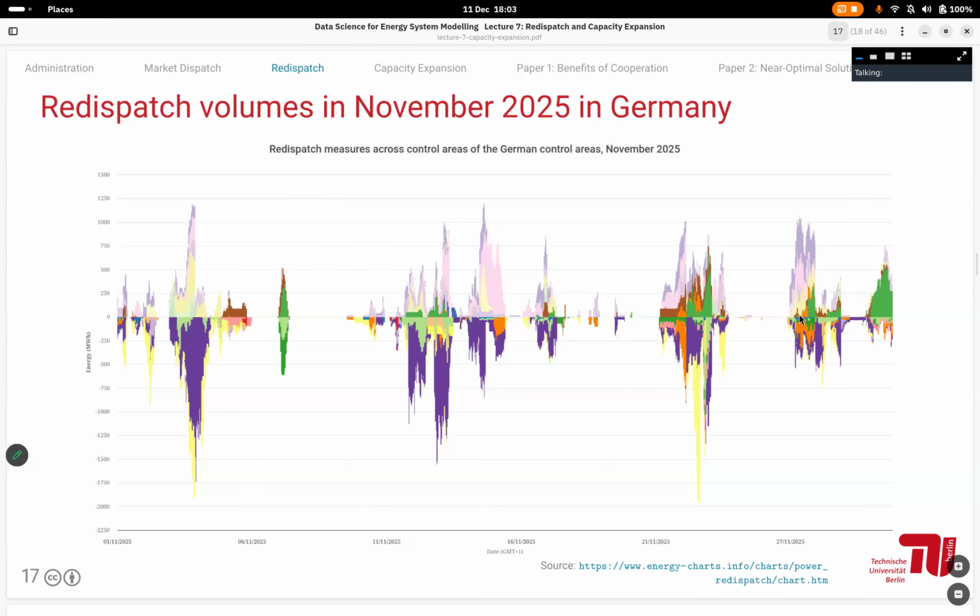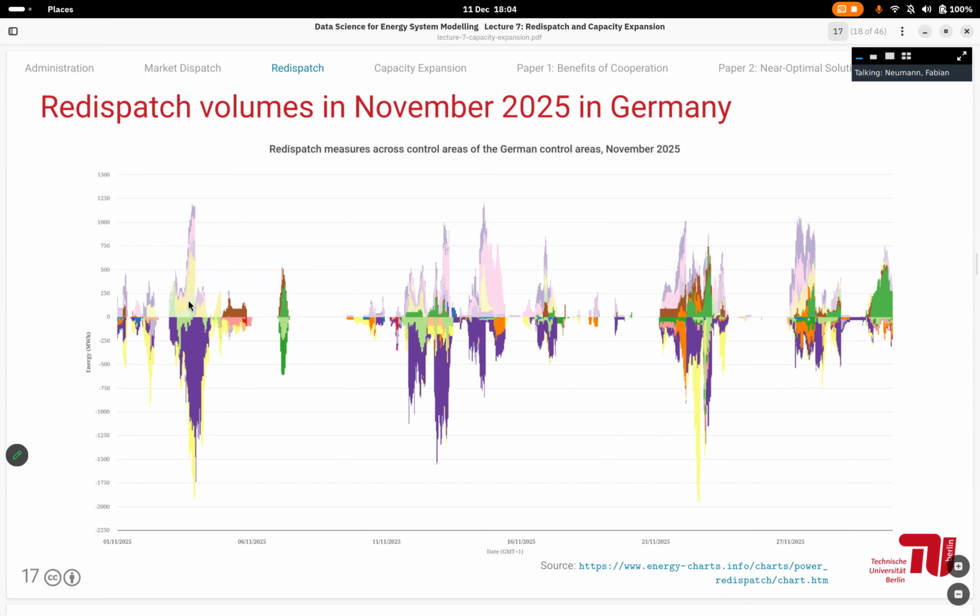I also pulled up this quick statistic from the Fraunhofer Energy Charts about the time-resolved redispatch over the month of November this year. The colors mean different market zones and different redispatch measures, and positive values would be ramping up.